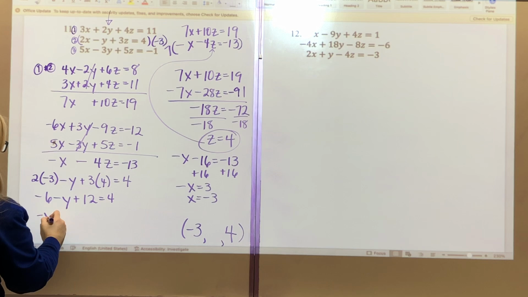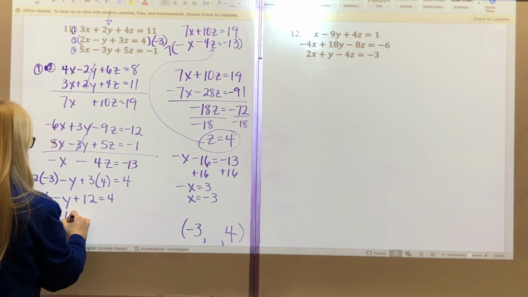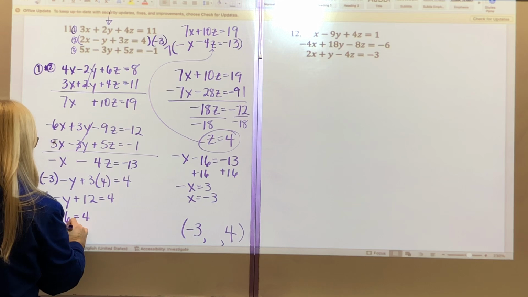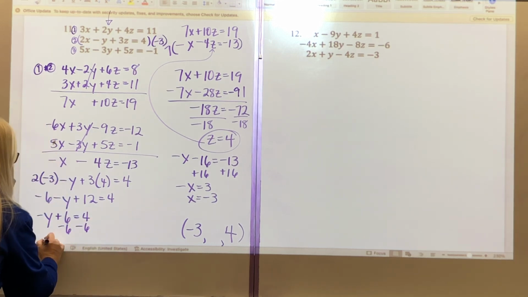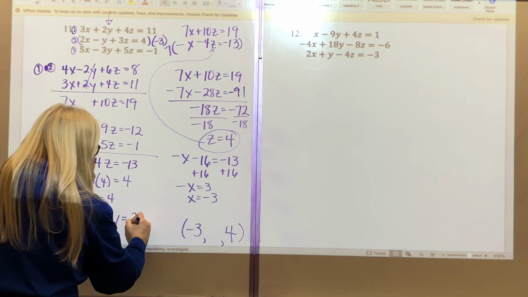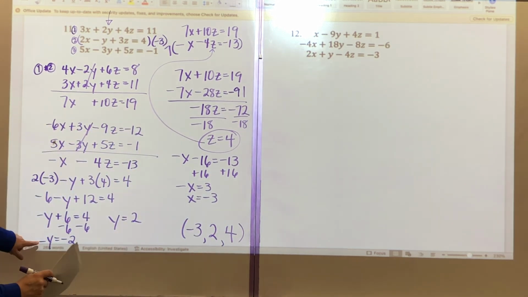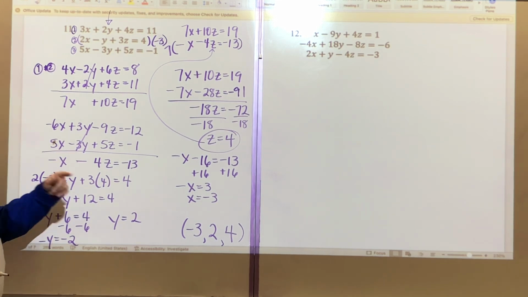This is going to be negative y. Negative 6 plus 12 is 6 equals 4. Negative y equals negative 2, so y equals 2. Because if I have a negative y and I multiply both sides or divide both sides by a negative, then I get y equals 2.